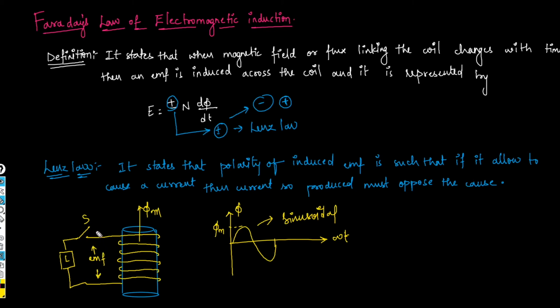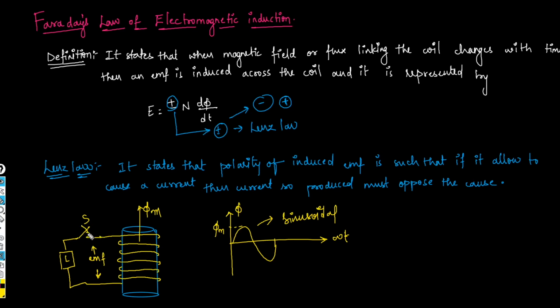Still we don't know the polarity of this induced EMF. The polarity can be assumed, or we can determine it by using Lenz's law. It states that the polarity of the induced EMF of this coil is such that if it allows a current to flow, the current appears in the circuit only when the circuit is in the closed position.